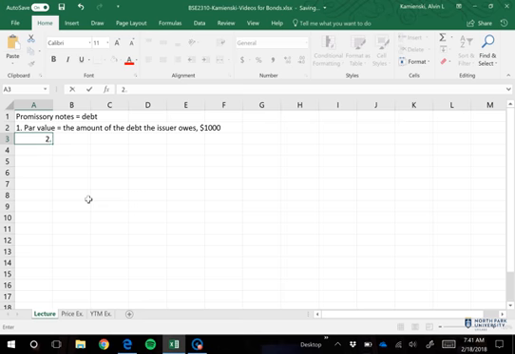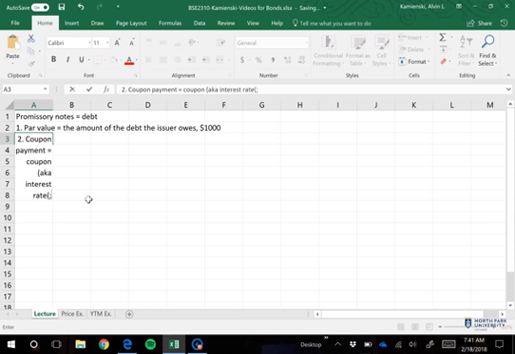Now the second thing that you need to know about a bond is, because it is a debt, it not only comes with a payback amount, but there's generally interest involved. The interest involved is called the coupon payment. Now, the coupon payment is going to be a function of a stated interest rate: coupon, aka interest rate.